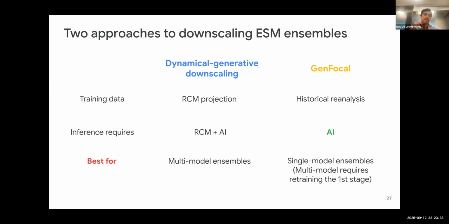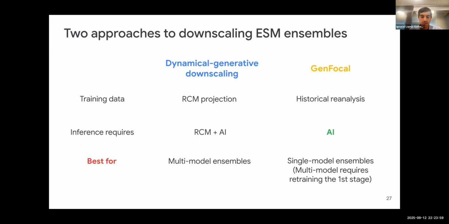And finally, because of these differences, they have different applications where they shine brighter. So the first approach, which leverages RCMs for generalization, can be readily used to downscale multi-model ensembles. So to downscale climate models that have never been seen by the AI model.